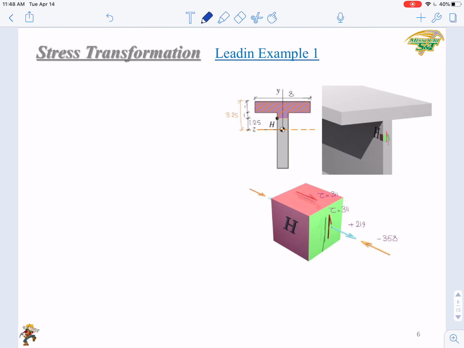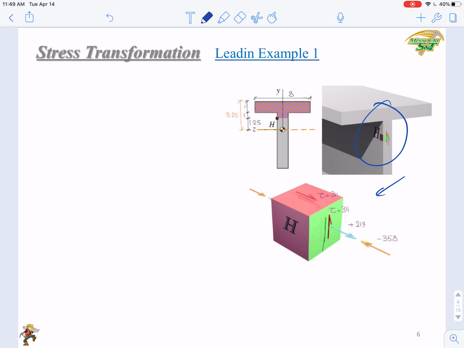Okay, now we have already determined those normal and shear stress components, so we can draw them on a three-dimensional stress element. As shown here, we can cut this three-dimensional stress element out from point H, and you get this three-dimensional element. You can see that on the external surface, the H plane does not have any shear stress.